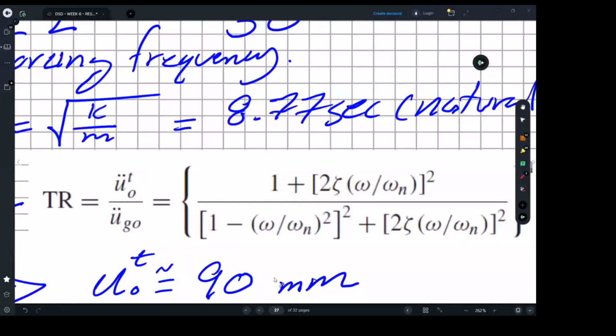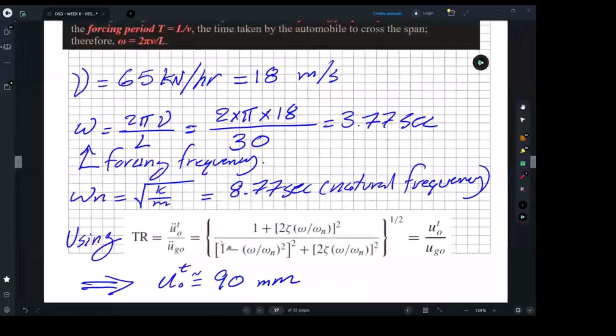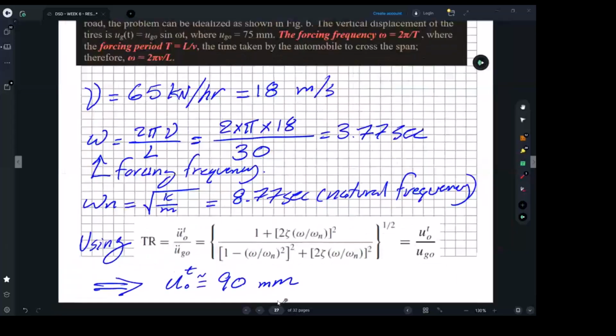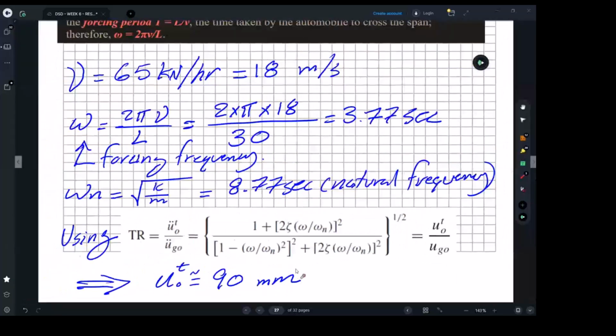So this is what the question is after, but from there you will be able to determine how severe this displacement is, whether it can be simply resisted by the weight of the vehicle or not. It is about 9 centimeters anyway.